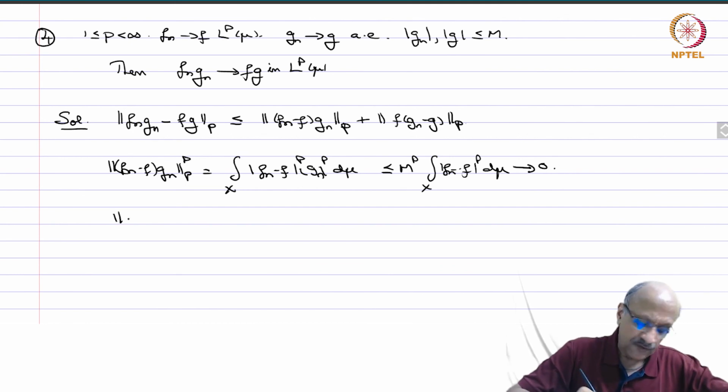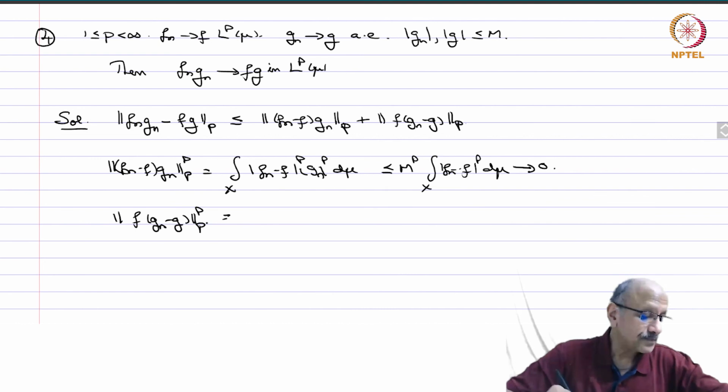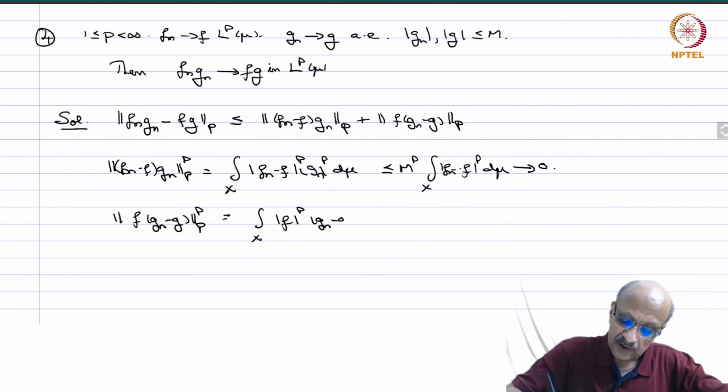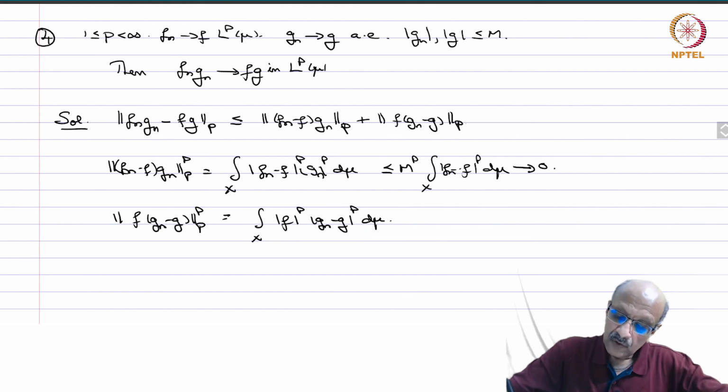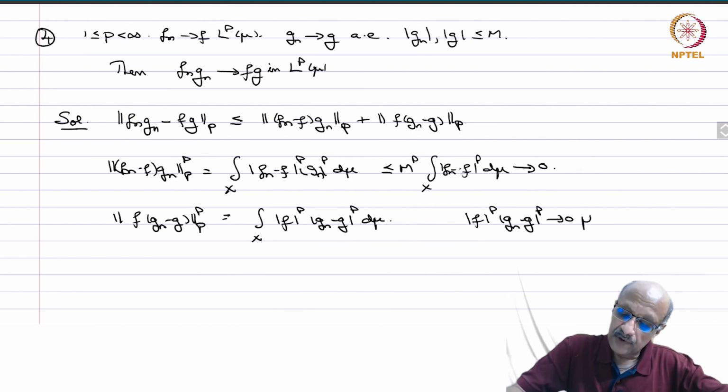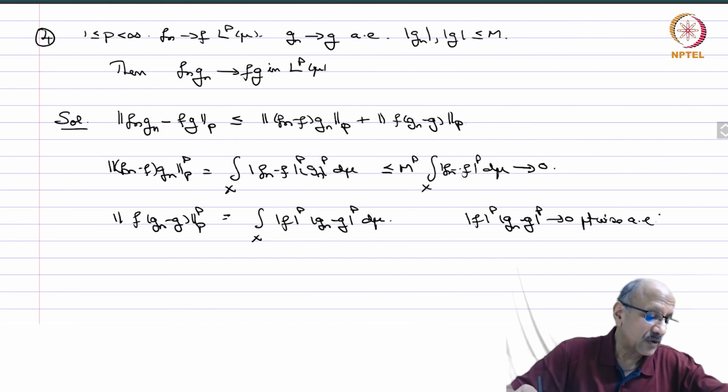Now what about the norm of f times Gn minus g in LP to the power p? This is equal to the integral over x of mod f power p mod Gn minus g power p d mu. So mod f power p mod Gn minus g power p goes to 0 pointwise. That is given to us.